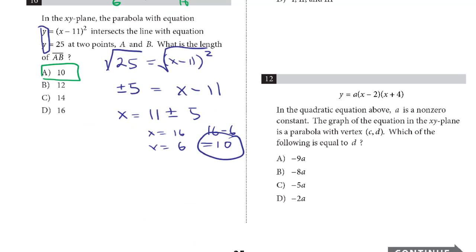That means x equals 16 in the plus case and x equals 6 in the minus case. Again, I want the length of AB, which is the difference between those two intersection points. So that's going to be 16 minus 6 equals 10. The correct answer, again, solving algebraically for number 10, is 10.